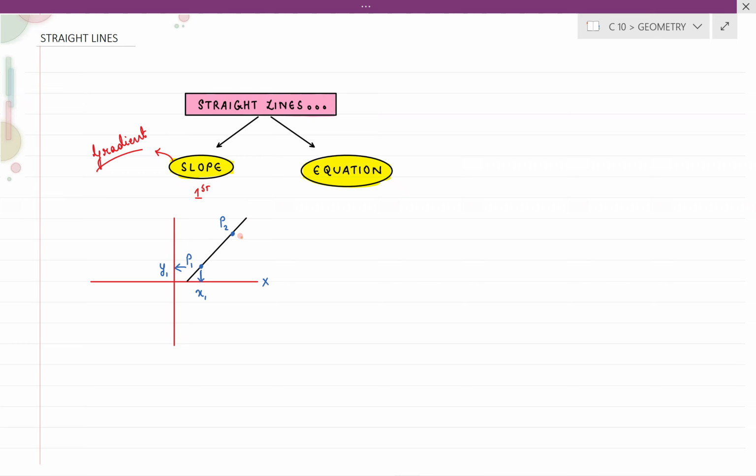Similarly, for point number 2, again if we drop a perpendicular line, let us consider the coordinate as x2. And if we drop a perpendicular line on the y-axis, let us consider it as y2.